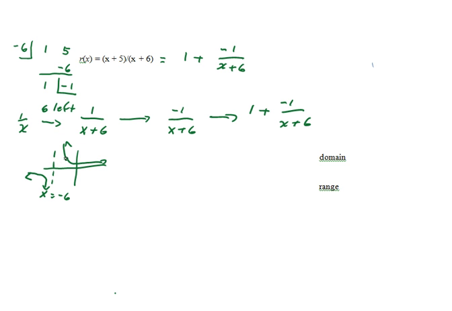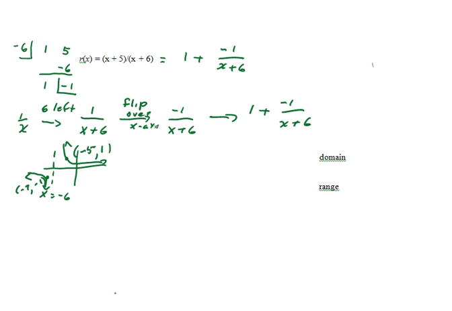And instead of 1, 1, it will go through -5, 1, and it will also go through -7, -1. The -1, when it's multiplied, will flip the curve over the x-axis.